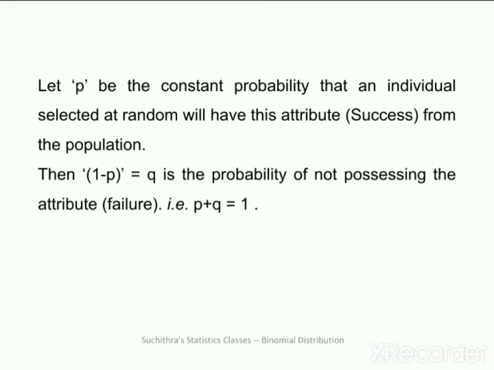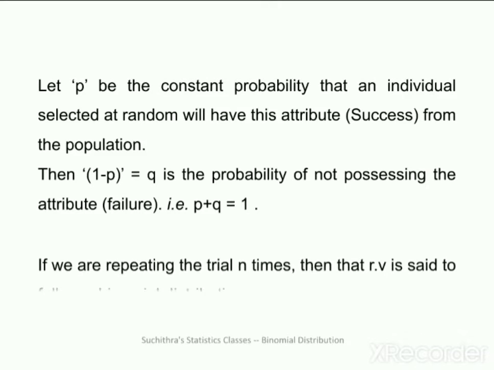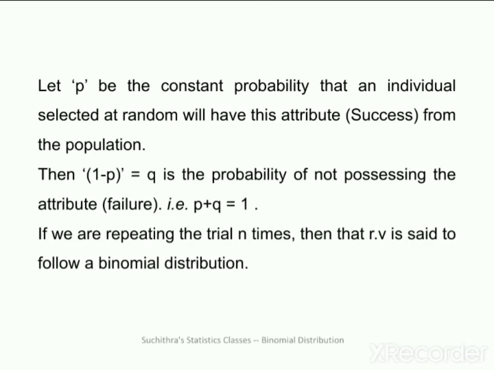Then 1 minus P, which is called Q, is the probability of not possessing the attribute, say failure. That is P plus Q equal to 1. If we are repeating the trial n times, then that random variable is said to follow a binomial distribution.